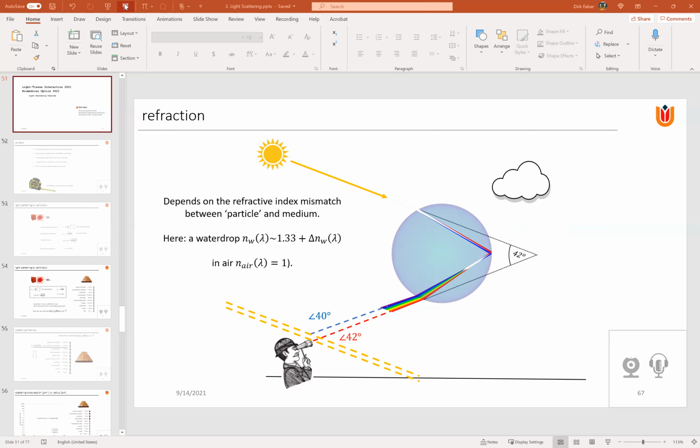If light enters the water particle, it is refracted at certain angles, and that also causes redirection of the light.